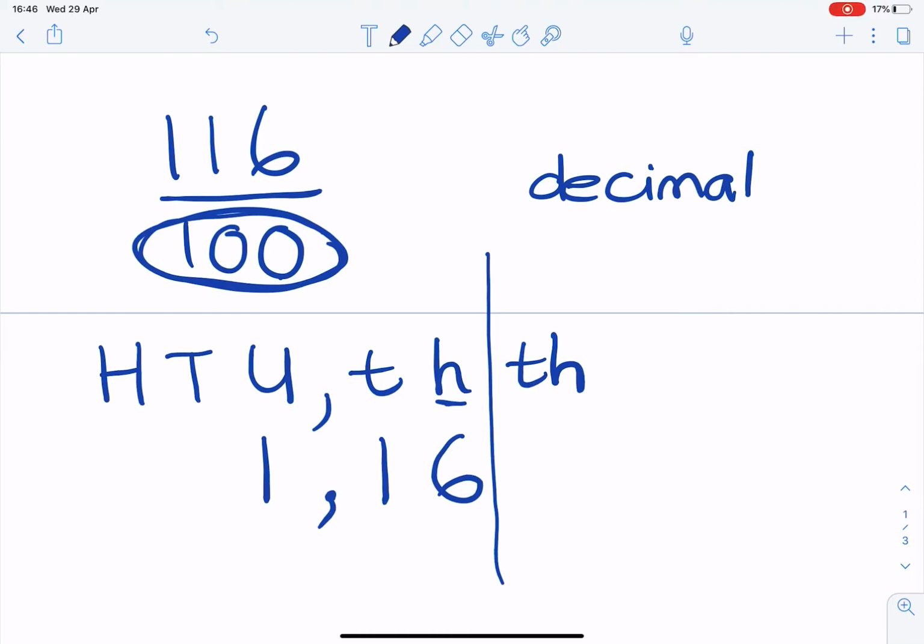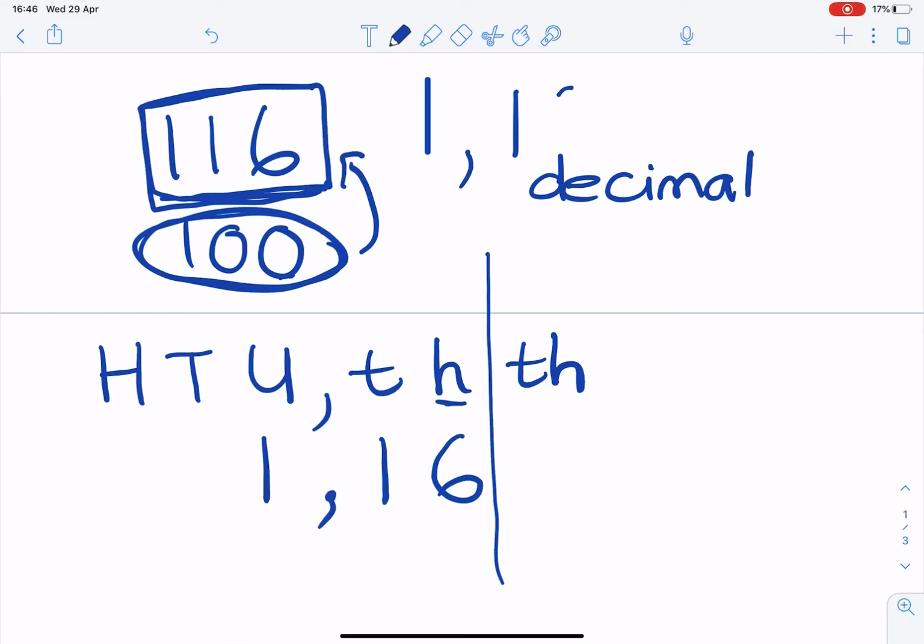It has a whole number, because you will notice that 116 is bigger than 100. It is an improper fraction. So 100 fits into 116 once, with a fraction of 16 left over.